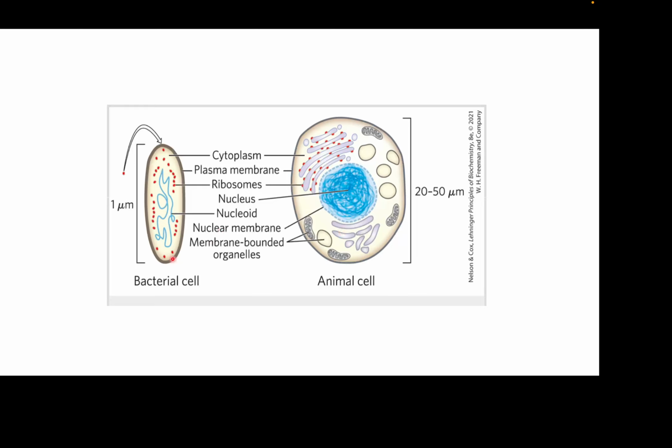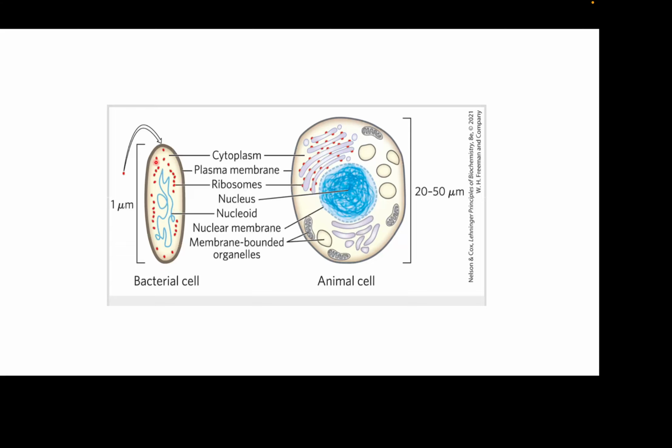So this is a typical representation of a prokaryotic cell, and this is a typical representation of a eukaryotic cell. So what is a prokaryote and what is a eukaryote? As you can see, this blue thing is the nucleus, and no such organelle is found in the prokaryotic cell, because prokaryotes do not have a boundary-defined nucleus.